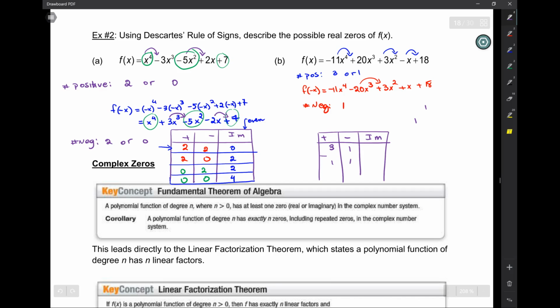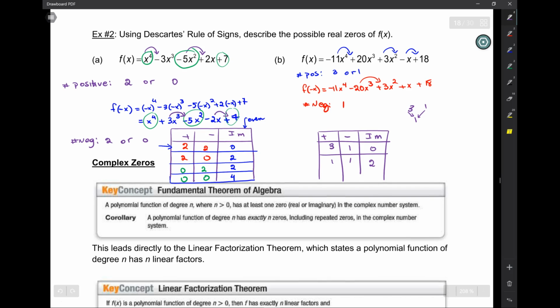Yeah, and these are the only possibilities. Here? No, because you only got 1 negative. So you match that with that and that with that. So now, what goes in that column? 0 and 2.